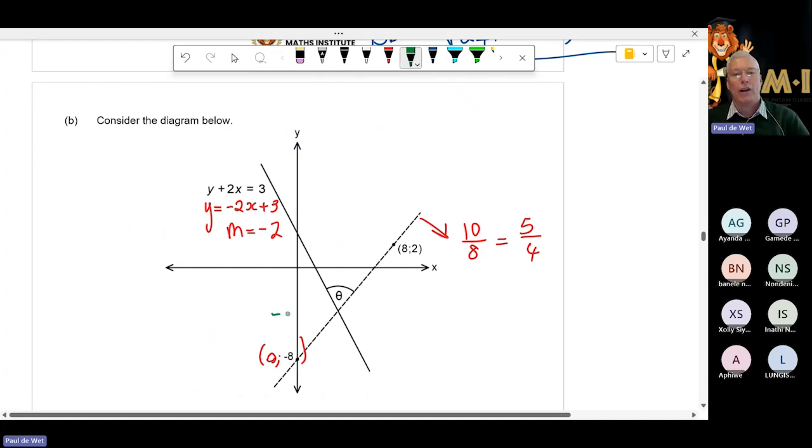Now I want you guys to try and do this question. If I put the horizontal line going through there, see if you can work out some angles of inclination. I'm going to give you some names. I'm going to call this angle here alpha. I'm going to call this angle here beta.